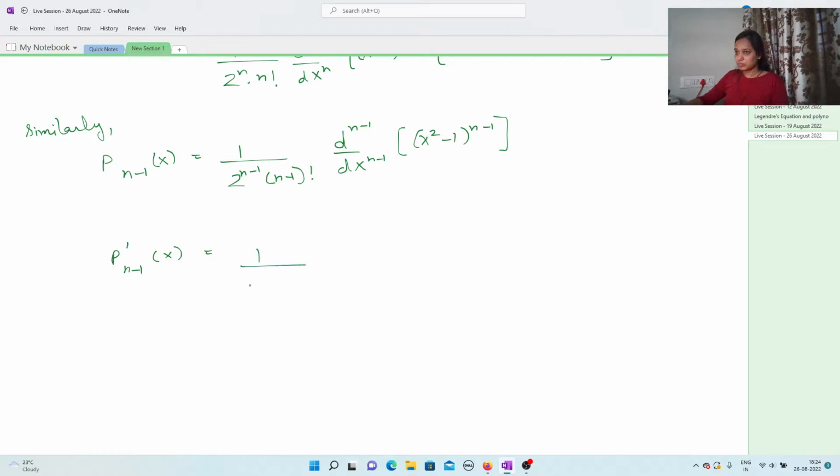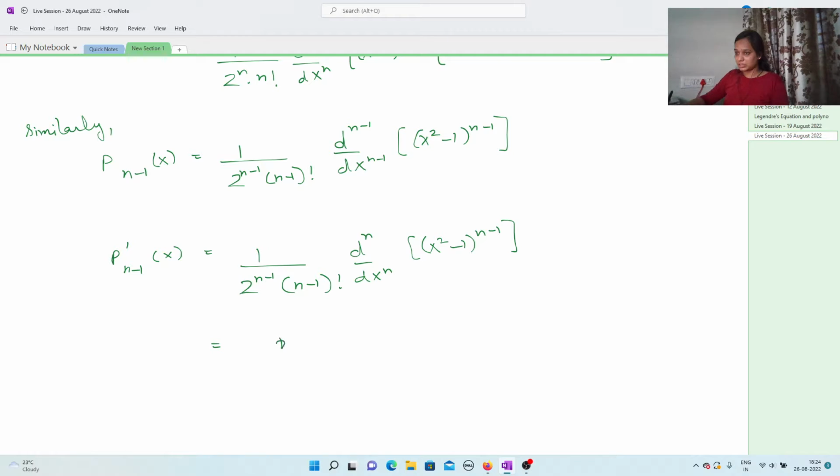This will now become 1 over 2 to the power n minus 1 into n minus 1 factorial d. So we have to differentiate it, d by dx, n times, x square minus 1 to the power n minus 1. So now we can write this as 2n divided by 2.